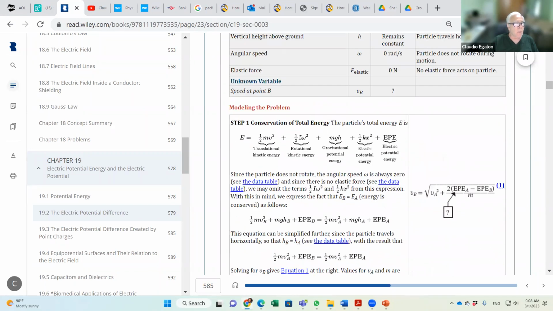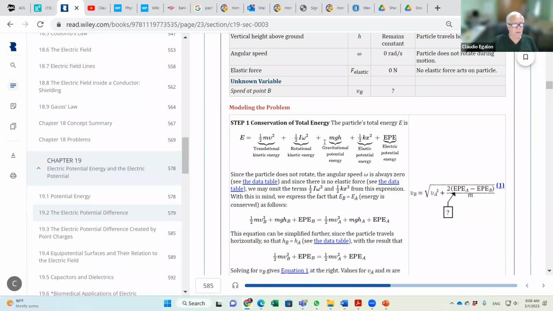Remember, we have all those energies that you learned: kinetic energy, rotational kinetic energy, translational kinetic energy, gravitational potential energy, elastic potential energy, and electric potential energy. But like I mentioned before, in the microscopic world, this potential energy here is negligible.